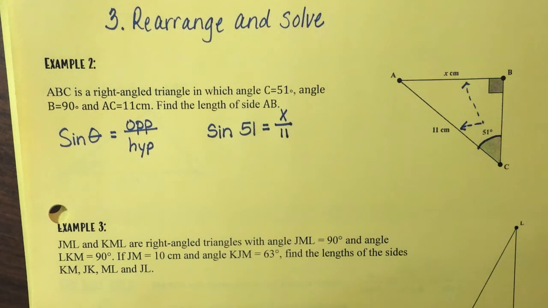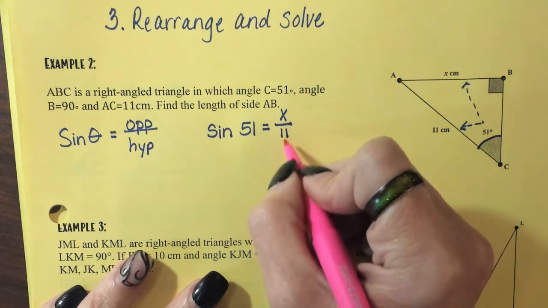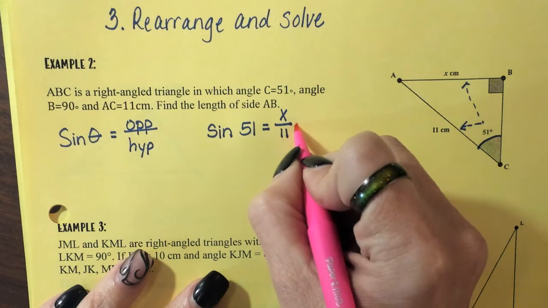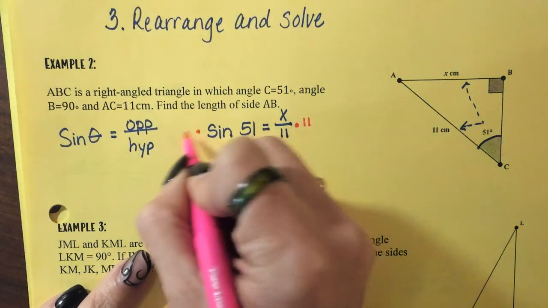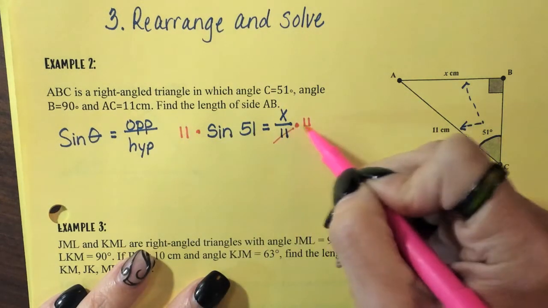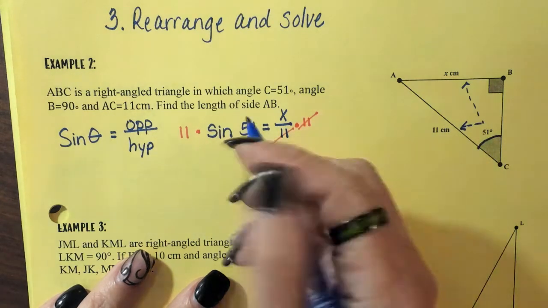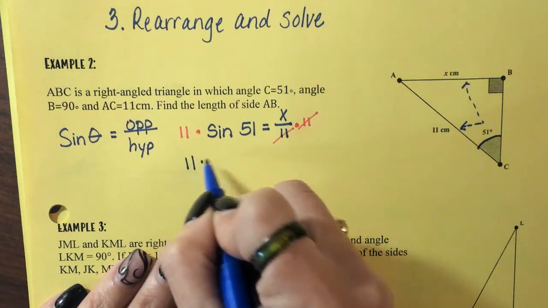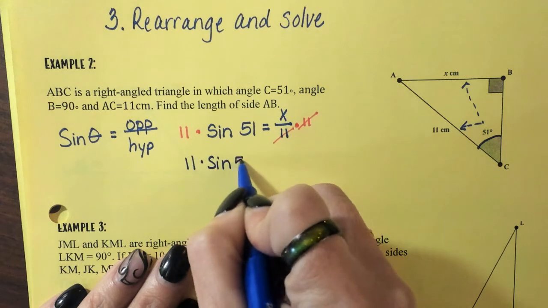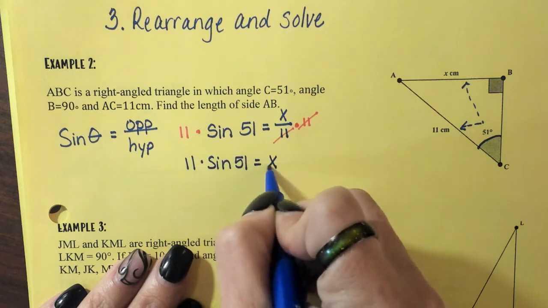Okay, I'm just going to use some simple algebra, and I'm going to solve this. This is dividing. To get the 11 out from underneath here, I'm going to multiply both sides by 11, and that would cancel those out. And so I'm going to write it. You don't have to, but I want to write it. 11 sine of 51 equals x.